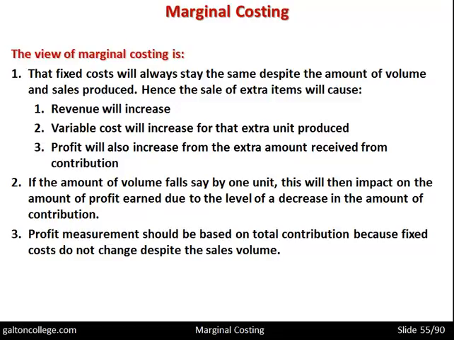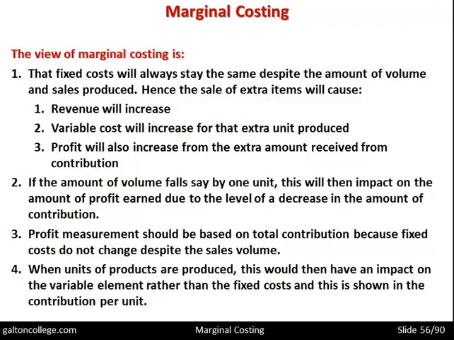Now, if sales fall, clearly that contribution is lost. When units of products are produced, this would then have an impact on the variable element rather than the fixed cost, and this is shown in the contribution per unit.